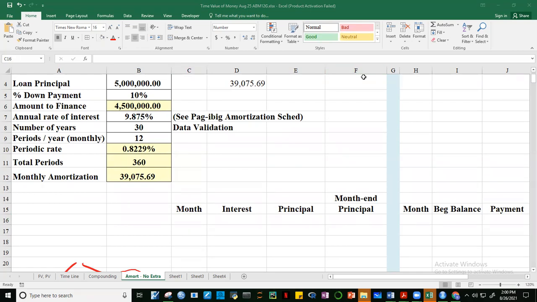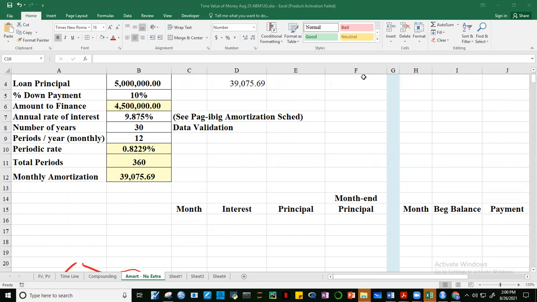Pero anong ginamit nyo? Excel din? Did you use also Excel? Pero manual lang. Okay, business math, pero slight na lang nare-remember mo. Okay, so manual, ibig sabihin, manual na Excel o manual sa calculator? Did you use Excel? Sa Excel. Pero yung iba calculator, at saka sa papel. So manual nga. Manual sa papel, no?